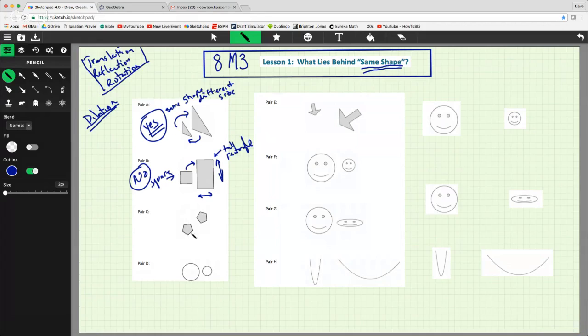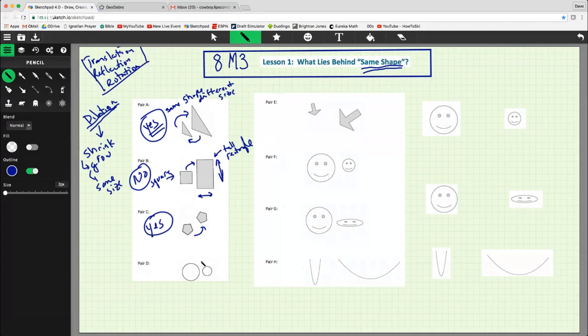C, yeah. This is still a dilation, but it didn't get bigger or smaller. It just kind of stayed the same size. And dilations can be a shrink or a grow, but they can also just simply be the same size, and it is the same shape.